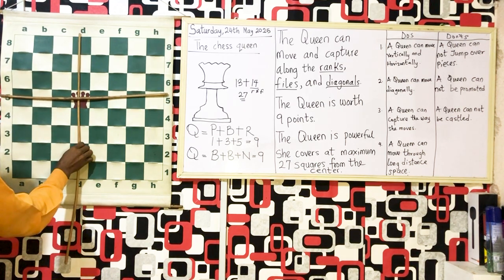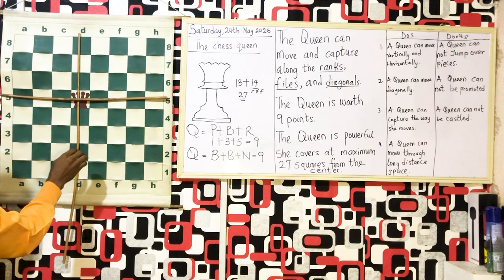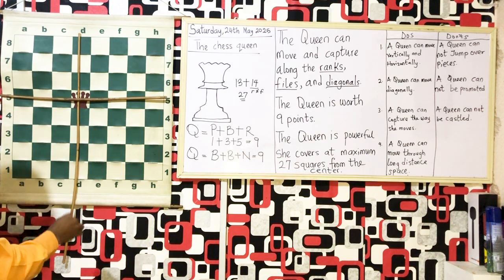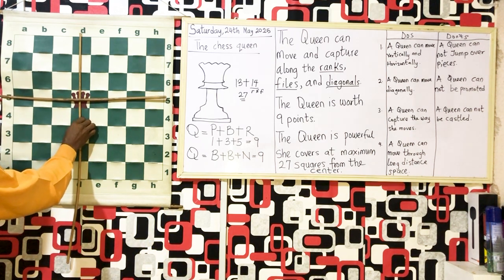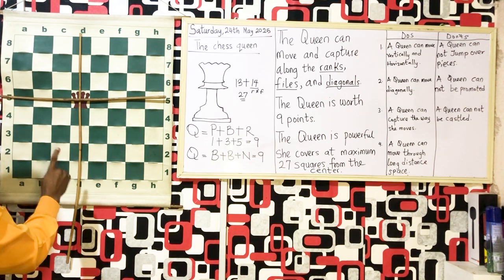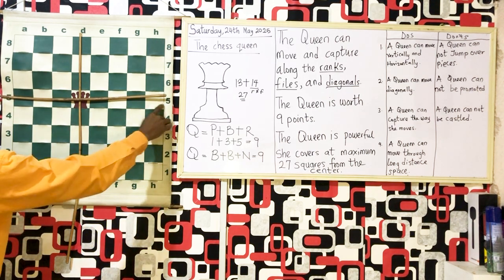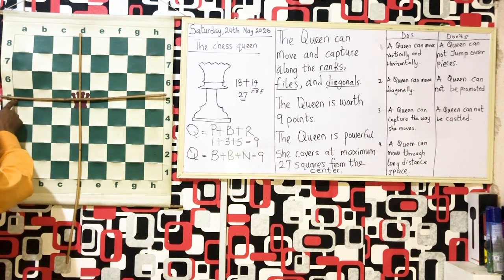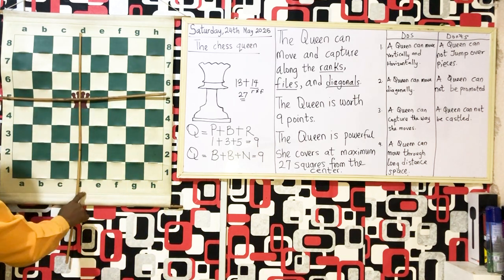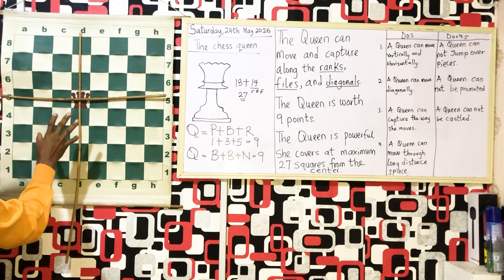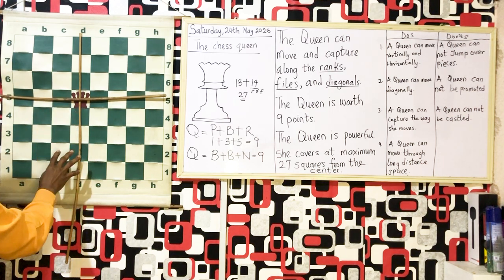If you look at it, the queen can cover all these squares, but a single direction at a time, depending on the player's choice. So if you are the player and you are told to move the queen, you will choose one direction at a time, either this direction or here, up or down. Either way, you are right. So this is how the queen moves along the ranks and files.